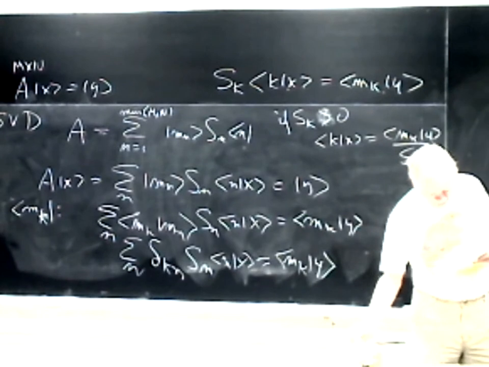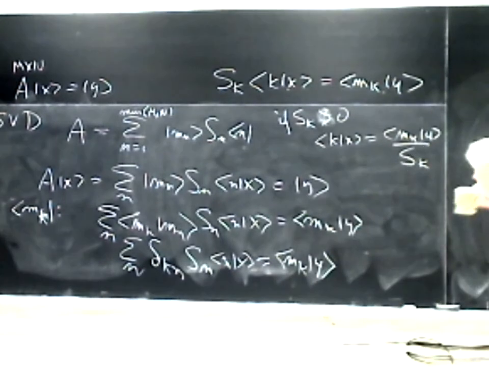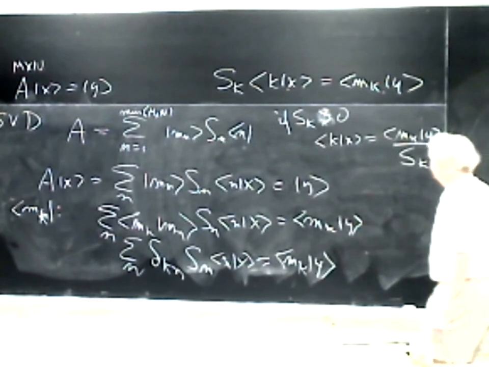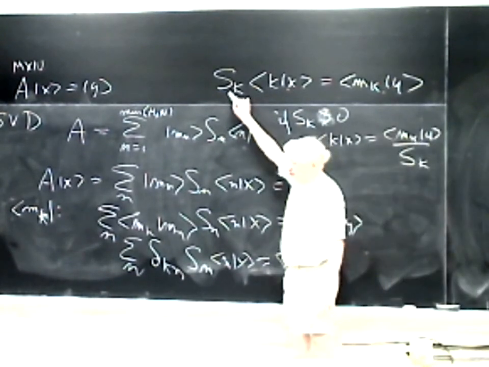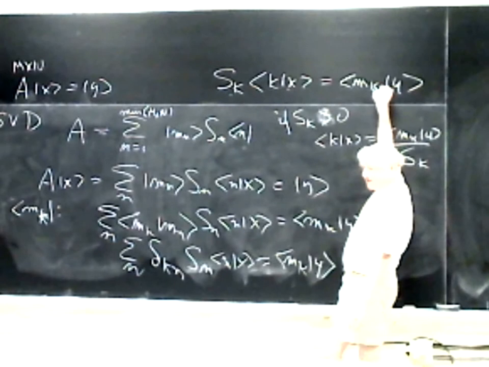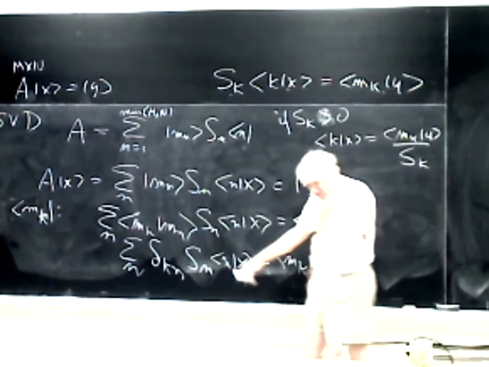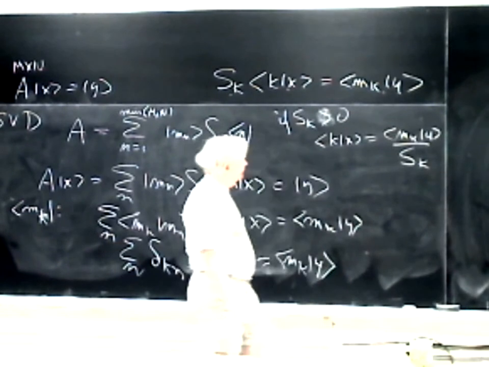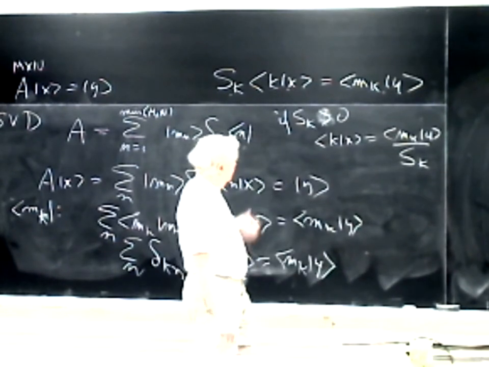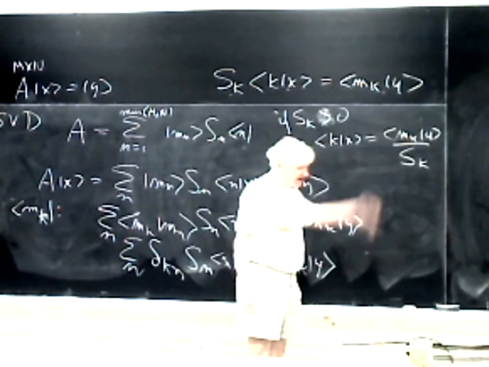On the other hand, if it's true that the singular values are always positive when the inner products of y with m k are positive, then you can solve in that way.